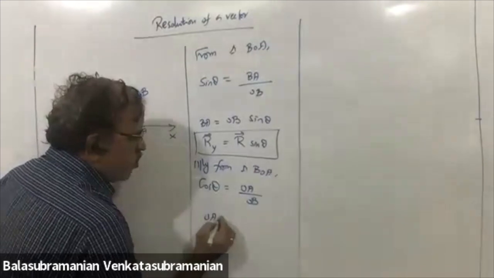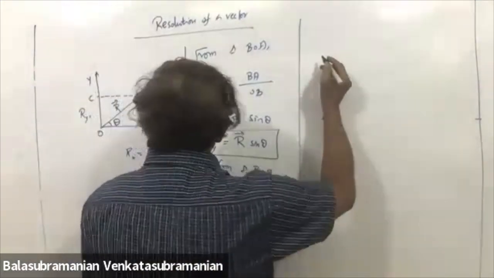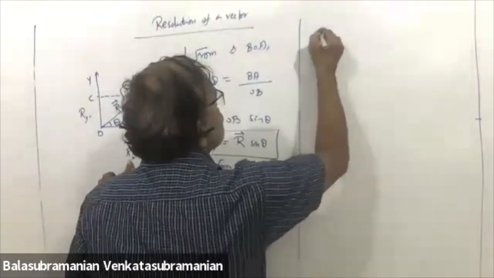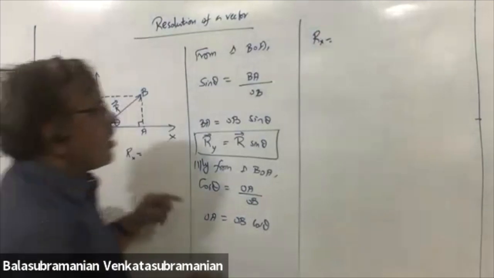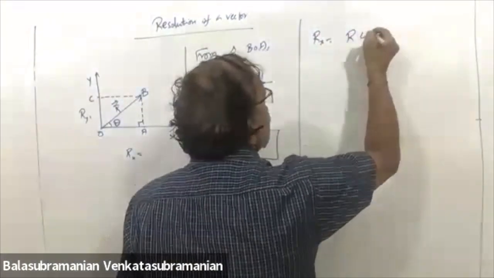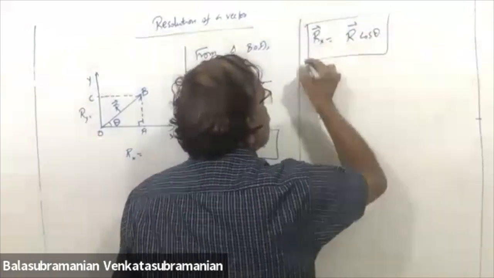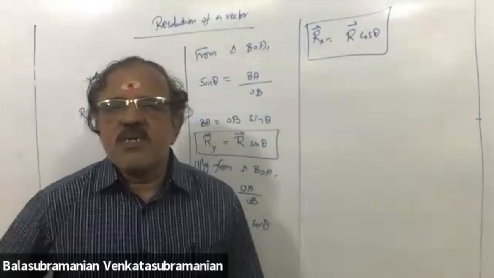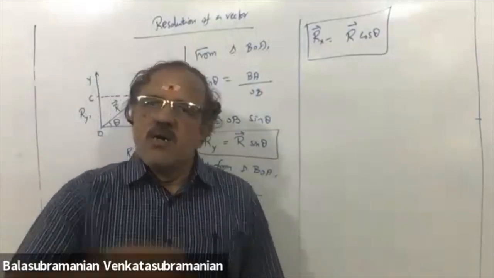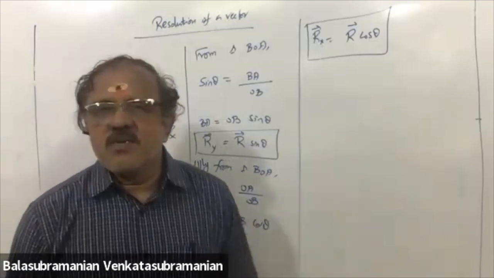OA is equal to OB cos theta. OA is nothing but Rx, OB is nothing but R. R cos theta. Vector you can represent. So the x component of the vector R is R cos theta. Y component of the vector R is R sin theta.